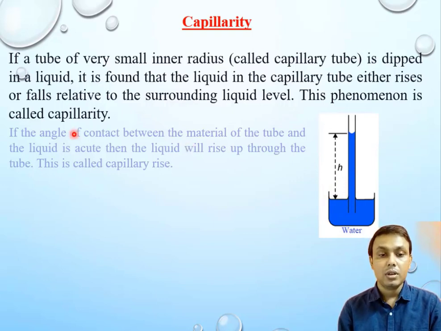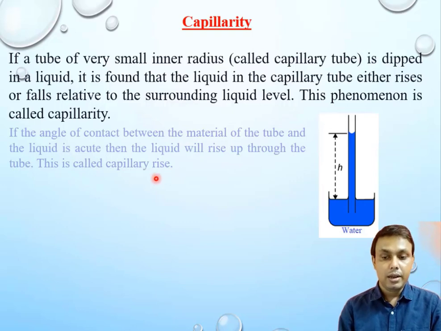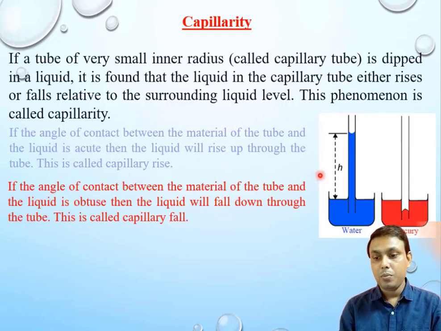When this happens, now if the angle of contact between the material of the tube and the liquid is acute, অর্থাৎ যদি স্পর্শ কোণটার মান 90 ডিগ্রির চেয়ে ছোট হয়, then the liquid will rise up through the tube. This is called capillary rise. Next, capillary fall.